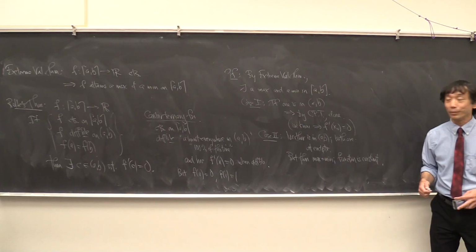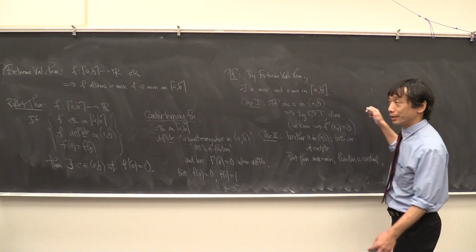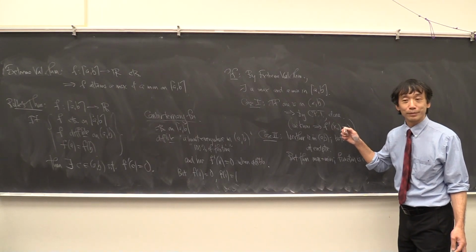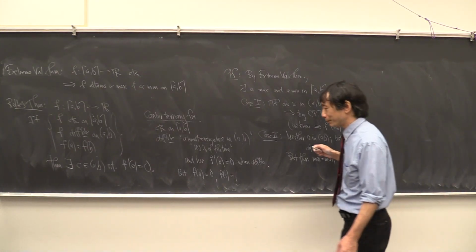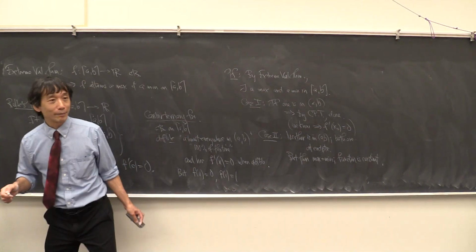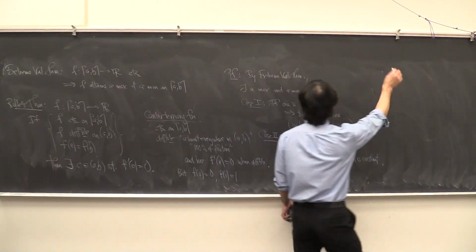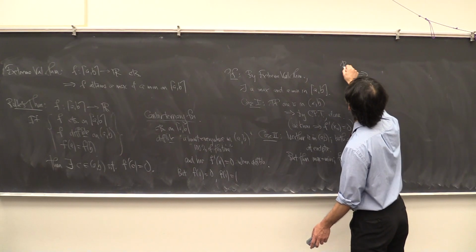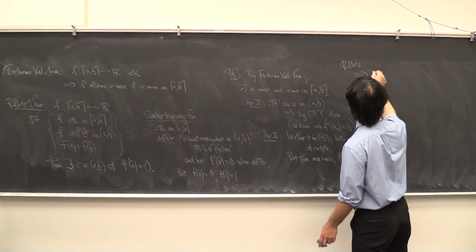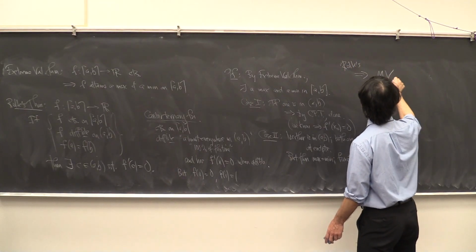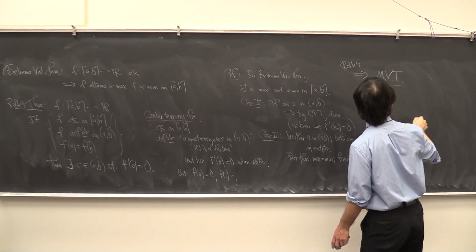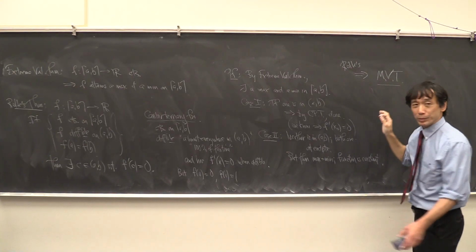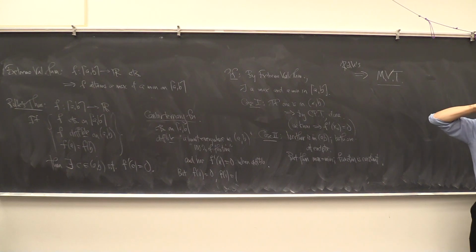Oh, hold on. People are still writing. Okay, so Rolle's theorem. From Rolle's theorem, we get to the important mean value theorem. Okay, right. So what's the mean value theorem saying?